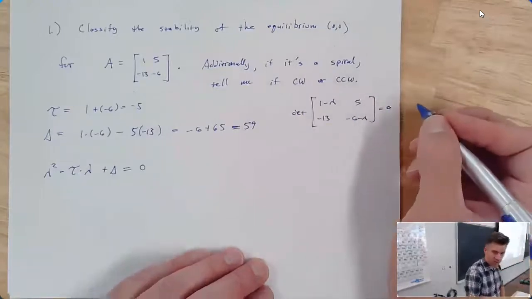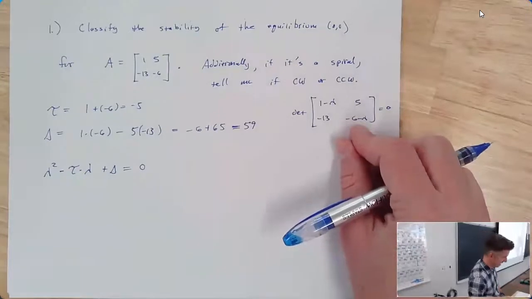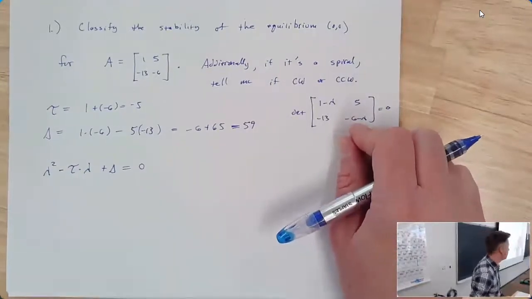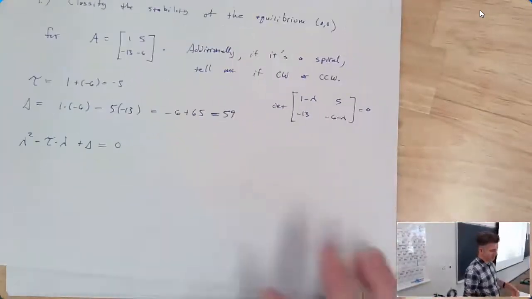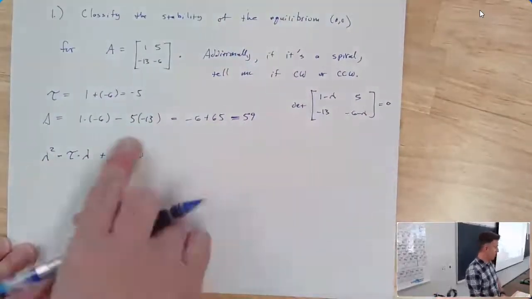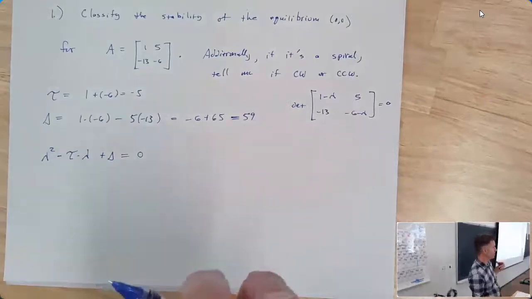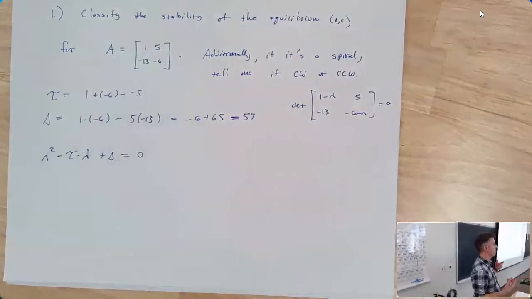So you might wonder, why is he asking me to do this other thing when we've got this one way of doing it that works all the time? The reason is because eventually, I know I keep saying eventually, we're going to talk about how you can just look at the trace and determinant and not write this whole equation and be like, oh, I can see that it's going to be a saddle, or I can see it's going to be a spiral, or a node, or whatever.